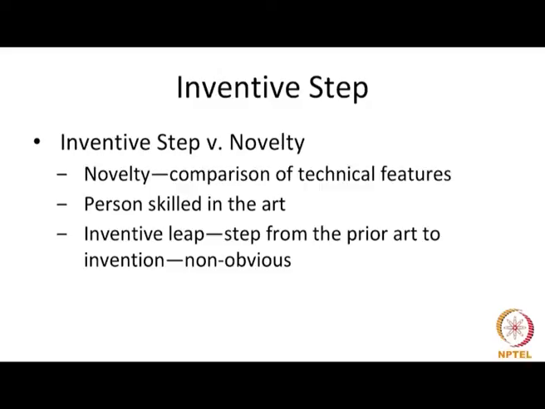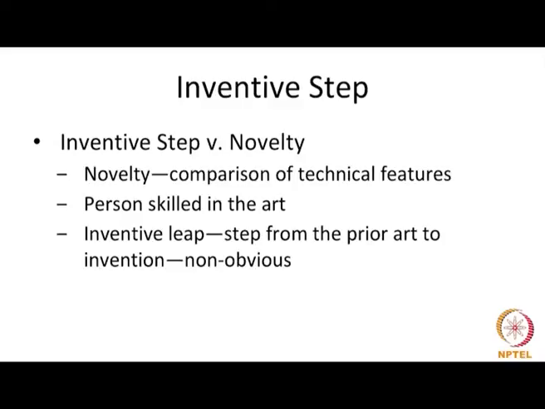The definition of new invention did not mention anything about the person skilled in the art. There was no person or entity who would be instrumental in the analysis, whereas the construction for a novelty analysis would be from the perspective of a person skilled in the art, because all patents are addressed to a person skilled in the art.